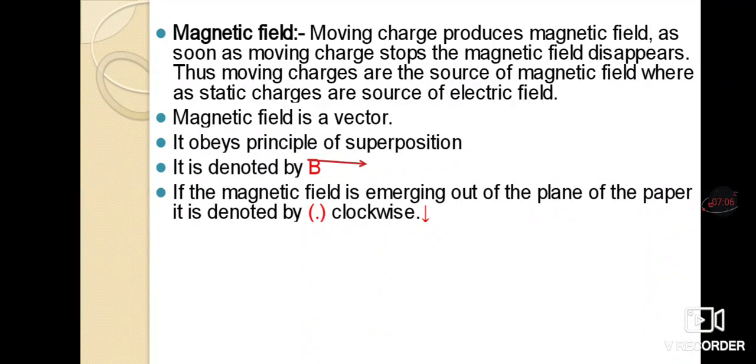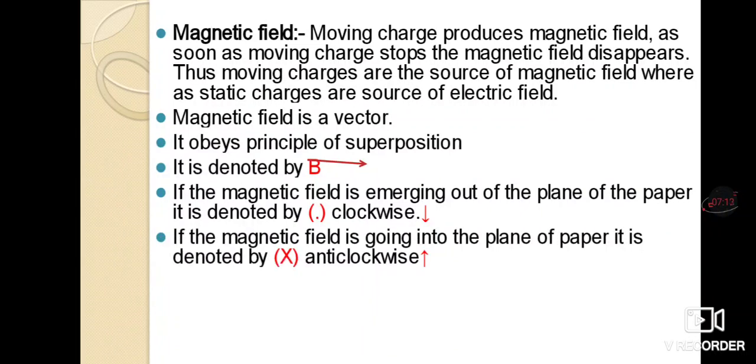And if it is anti-clockwise, that is, if the magnetic field is going into the plane of the paper, it is denoted by a cross.